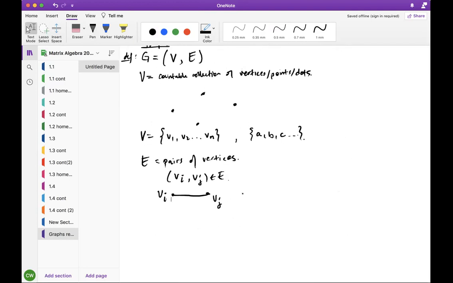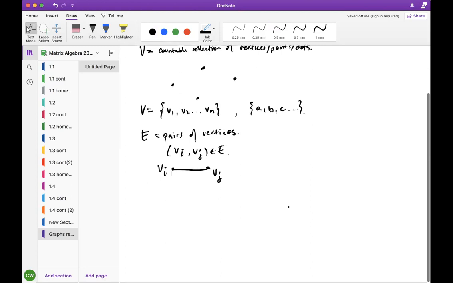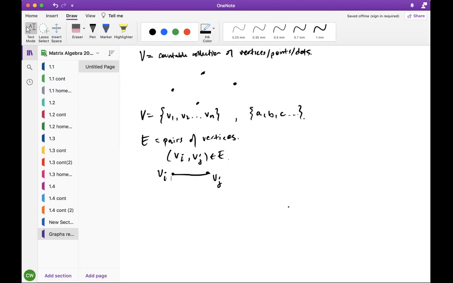Obviously you can't have edges with vertices that are not in the vertex set. Of course, you can have vertices that don't have any edge. That's fine. It does not restrict that. So the edges are pairs of vertices.